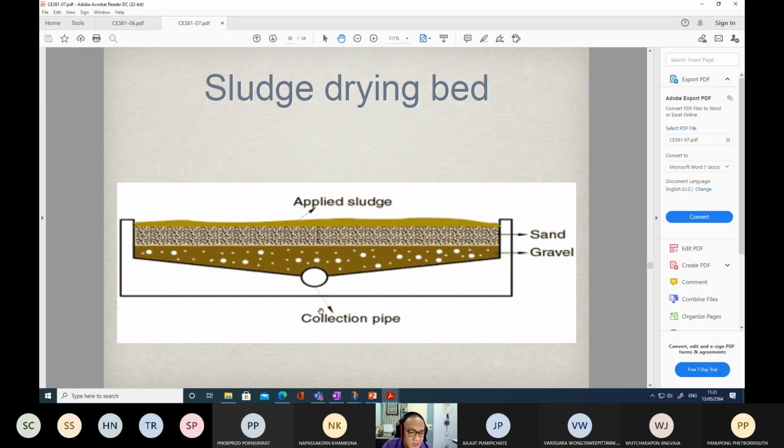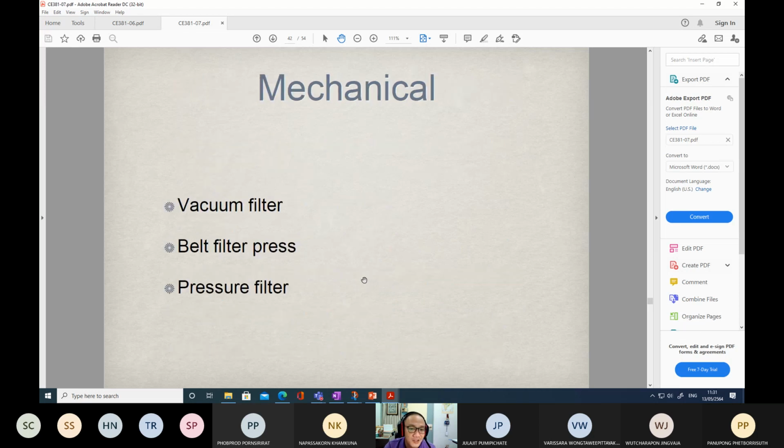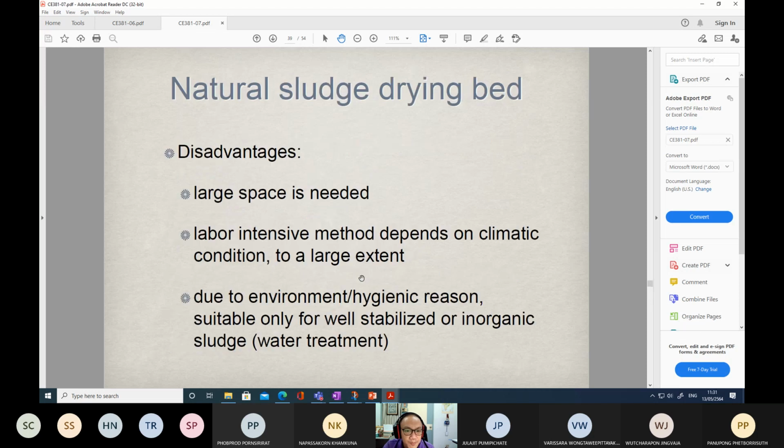During the rainy seasons they probably apply the vacuums, but during the dry seasons exposure to the sunlight is good enough. So it depends on the area and many other environmental factors.